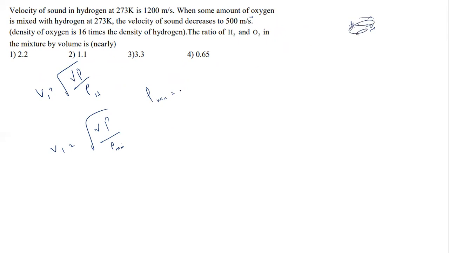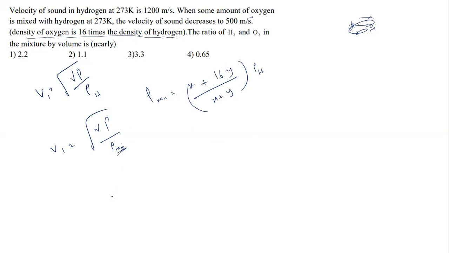Rho mix is equal to x times rho h plus, since oxygen density is 16 times the density of hydrogen, 16 times y, all divided by x plus y, into rho h.